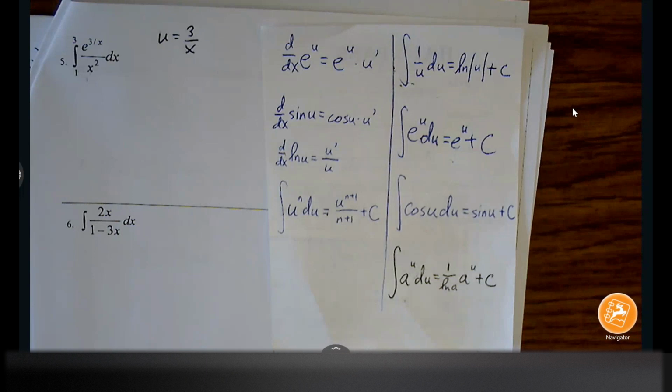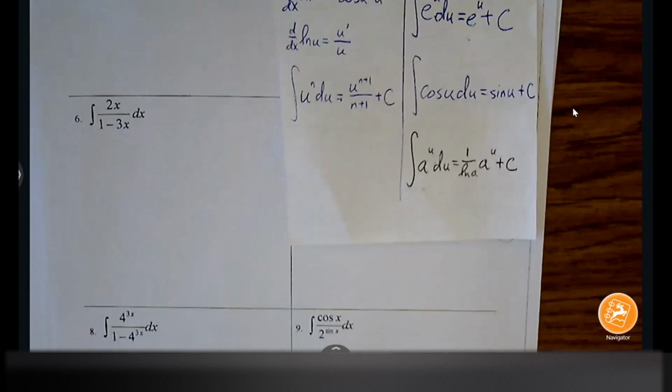Okay, what about number 6? Can we just push things up and rely on power rule?